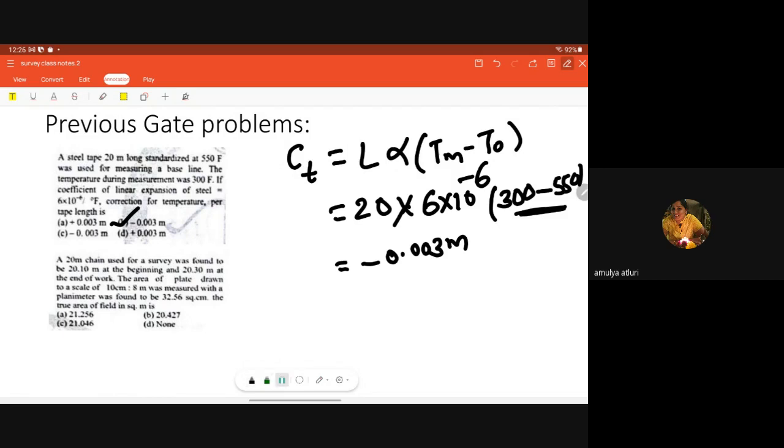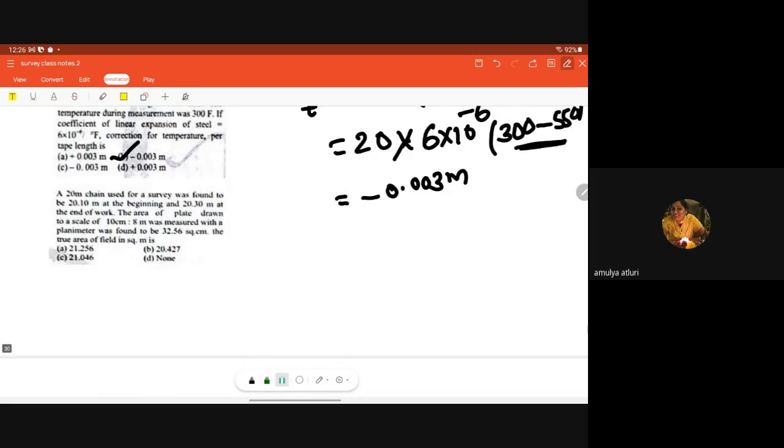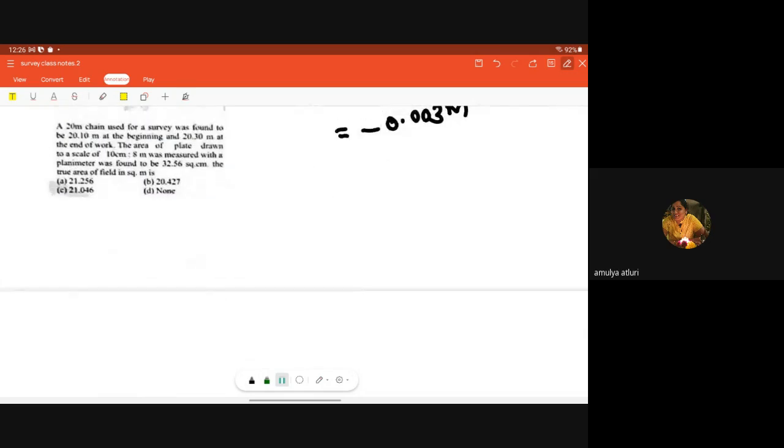Next, let's go with another problem. A 20 meters chain used for survey was found to be 20.10 meters at the beginning and 20.30 meters at the end of work. The area of the plate drawn to a scale of 10 centimeters is to 8 meters, measured with a planimeter, was found to be 32.56 square meter.